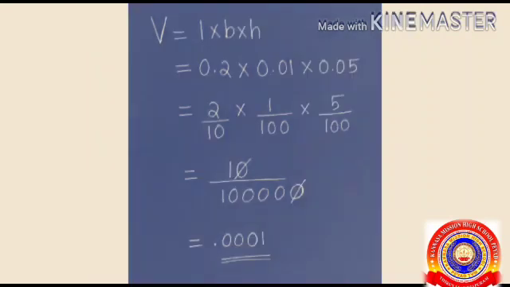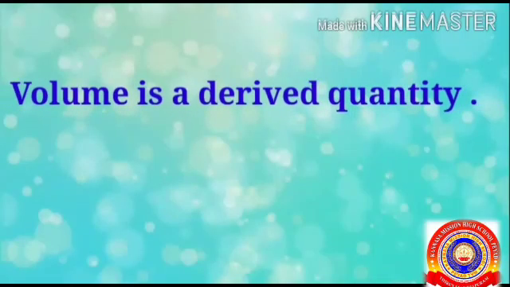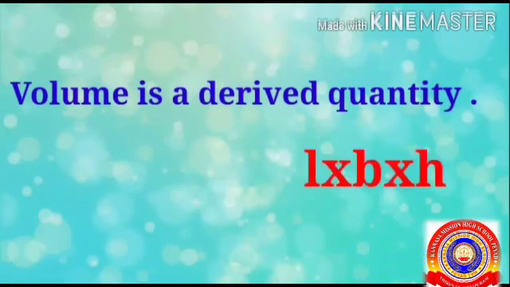Finally, you get volume as 0.0001 meter cube. Volume is a derived quantity. Do you know why? Yes, volume is obtained by length multiplied by breadth multiplied by height, cubic meter.